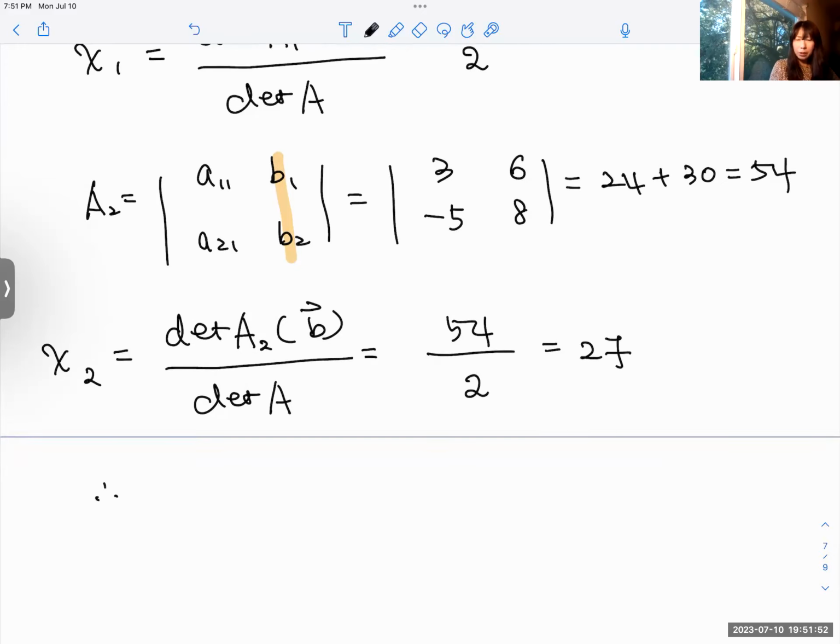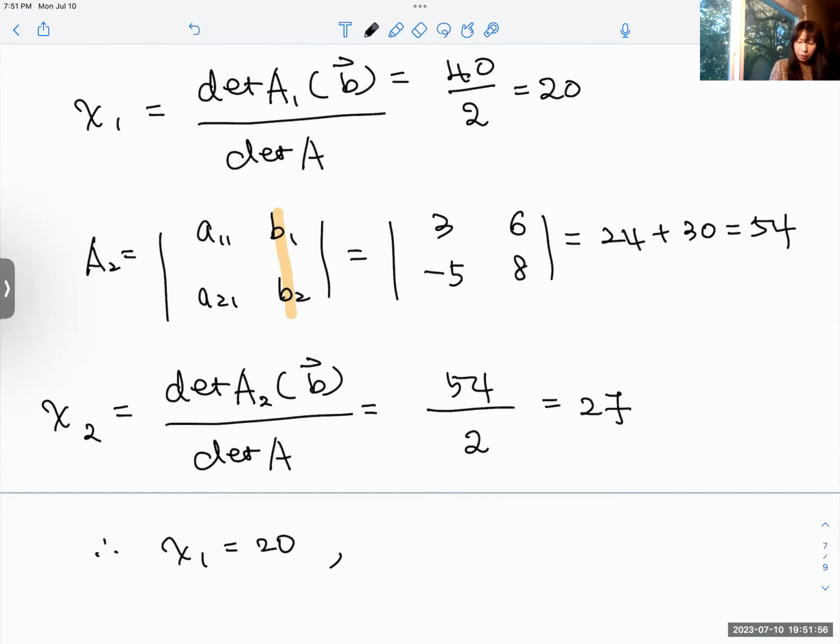So we have the solution x sub 1 equal to 20, and x sub 2 equal to 27.